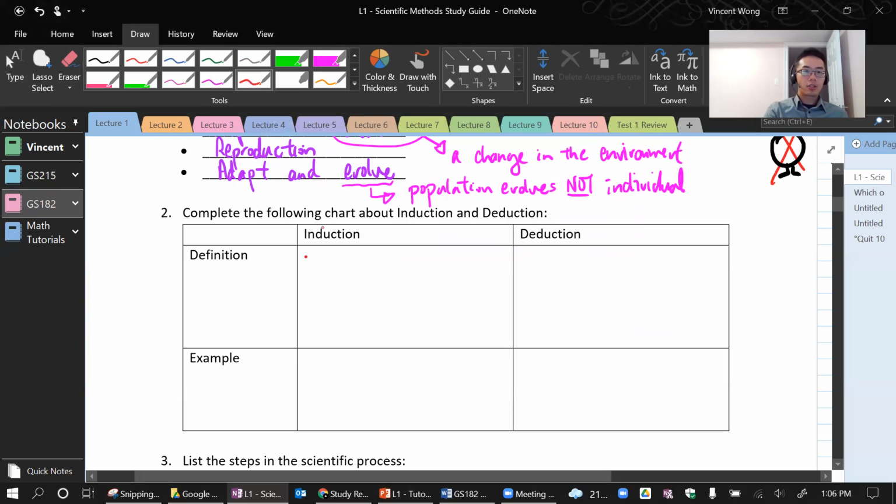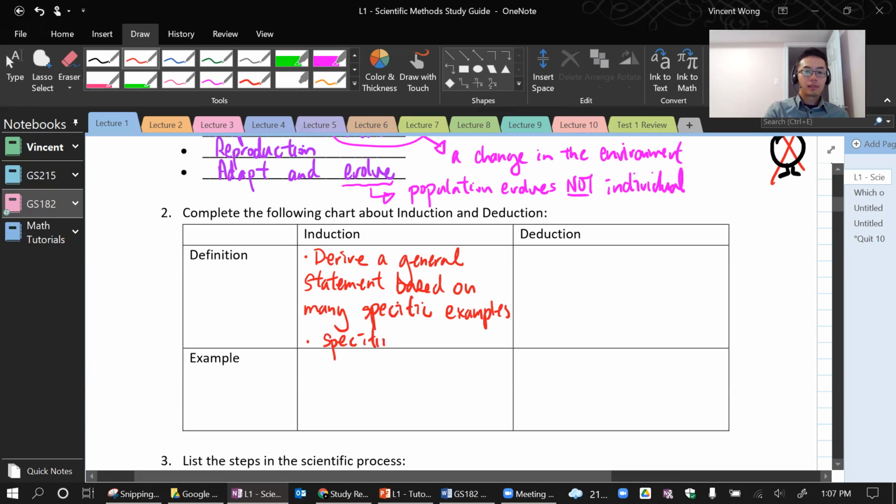Basically, induction means to derive a general statement based on many specific examples or observations. So this goes from specific to general.